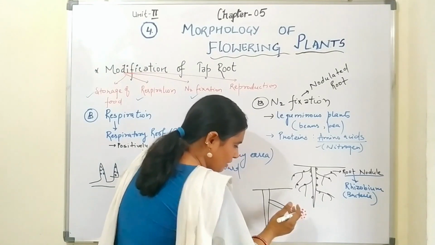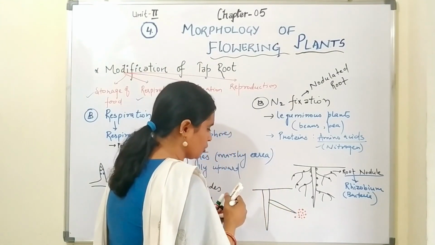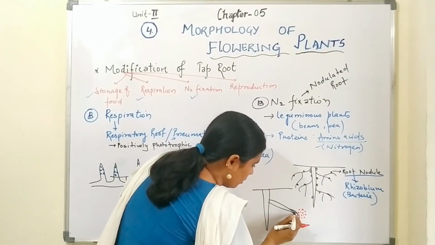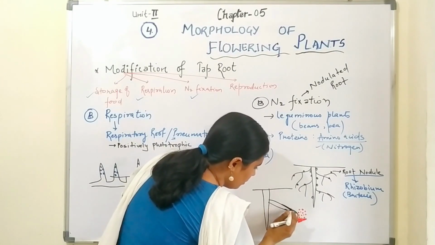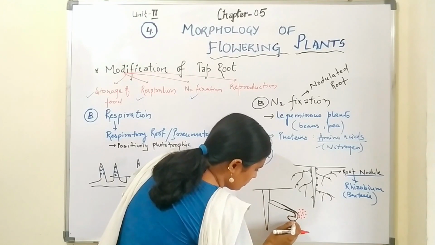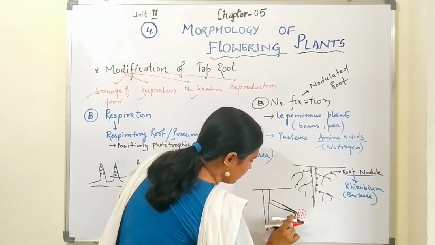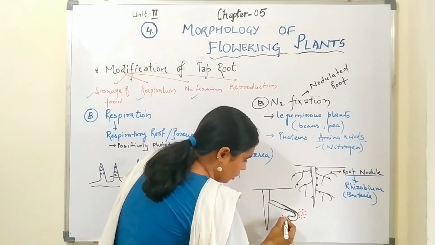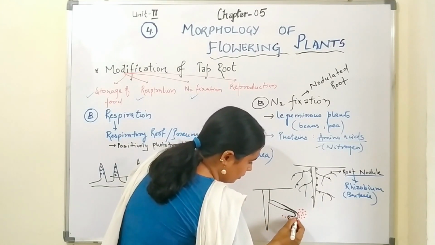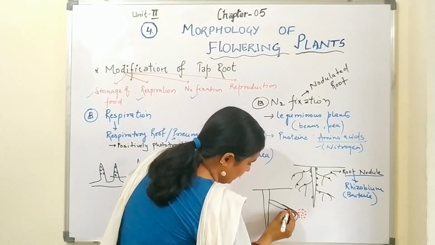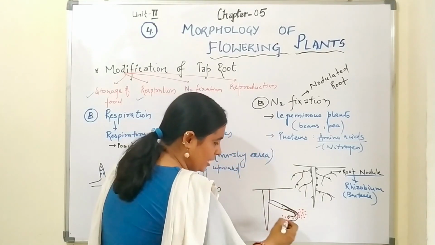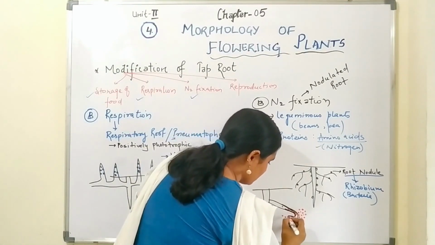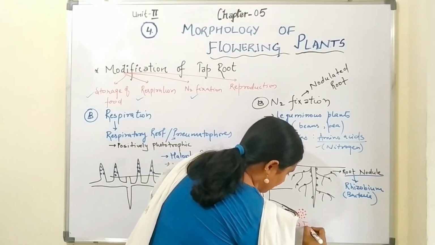Then they secrete some chemical, due to which the root hair is curved like this, and this helps the bacteria to enter into the root hairs like this. This kind of infection is known as infection thread.